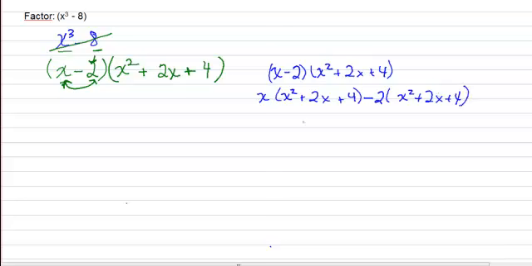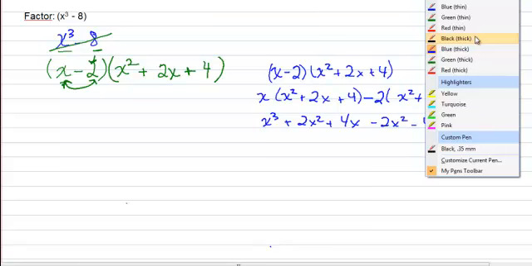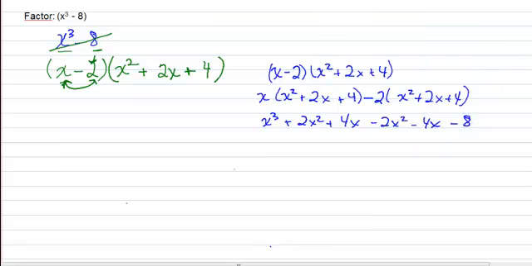Now I'm just going to multiply, and I'm going to do this again fairly quickly, but x cubed plus 2x squared plus 4x. Now we've got the minus 2x squared minus 4x and minus 8. Now as we go back to look at this, the next step whenever we multiply is to combine like terms. So we see we've got an x cubed. There are no other x cubes, so we bring it down.